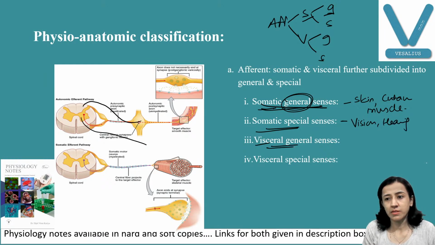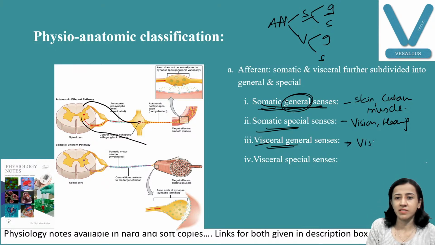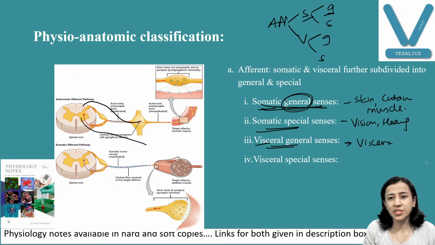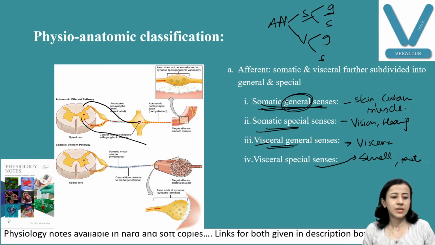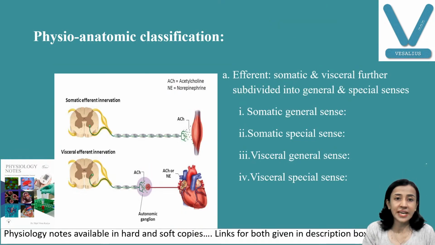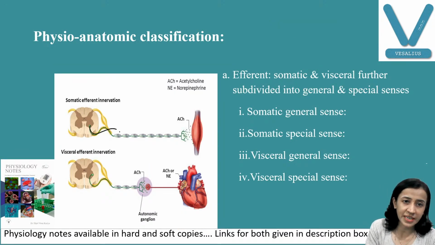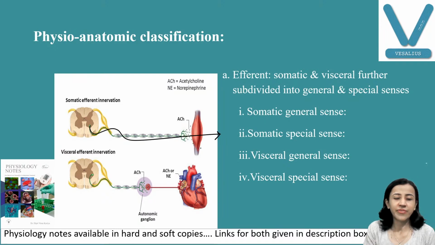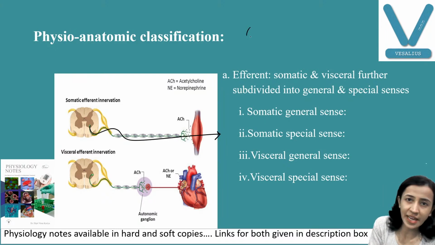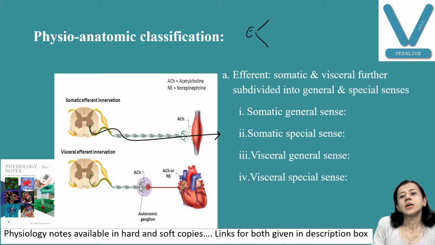Now visceral means the fibers that carry impulses from viscera. And visceral special means the fibers that carry impulses from smell and taste, special viscera. Fine. So this is afferent. Now we come to efferent. Efferent means these fibers carry impulses from CNS to the effector. Efferent are also of two types, somatic and visceral.